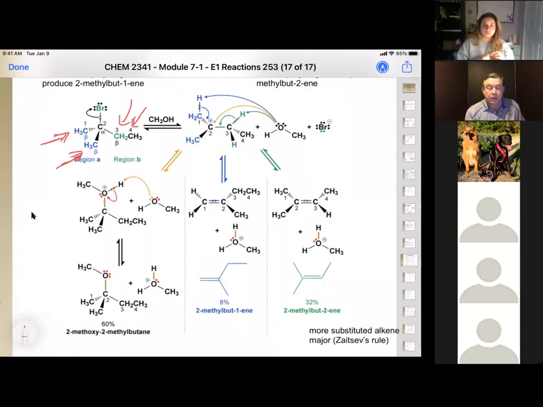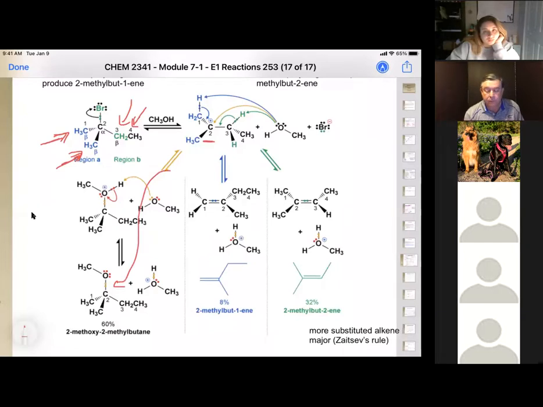Okay. Our first step in our E1 or SN1 reaction is to create our carbocation. So that's what we're going to do. We're going to create our carbocation first. Okay, so because methanol is a weak base, we're always in competition with the substitution product. And what will happen for that is we'll just get to this ether right here, but that's just our substitution.